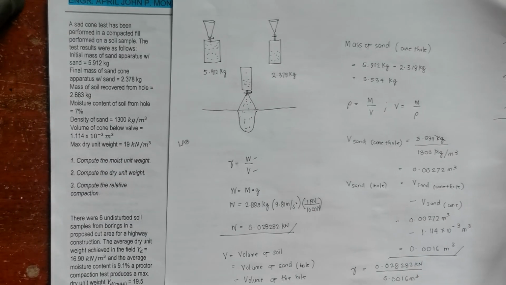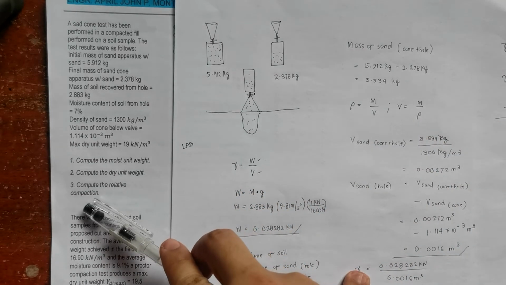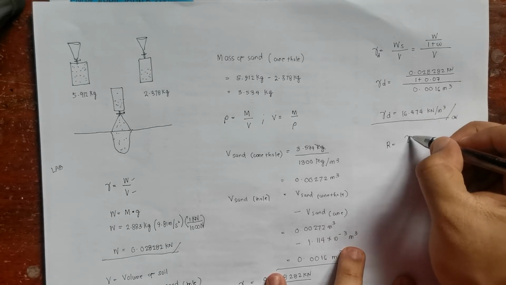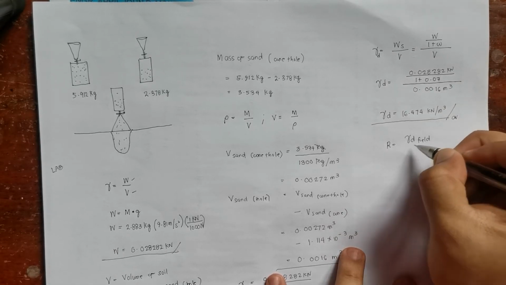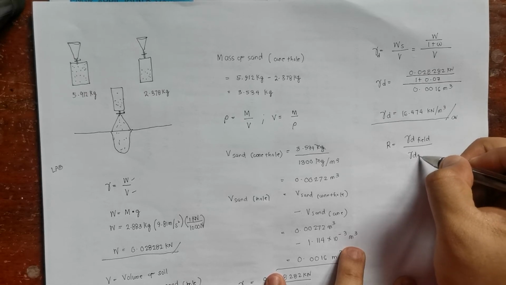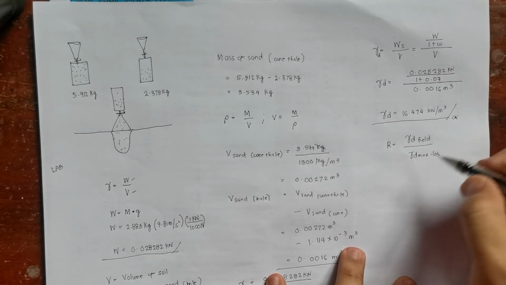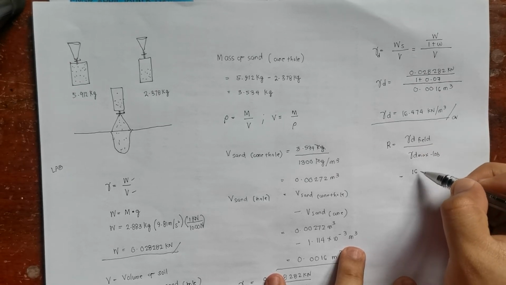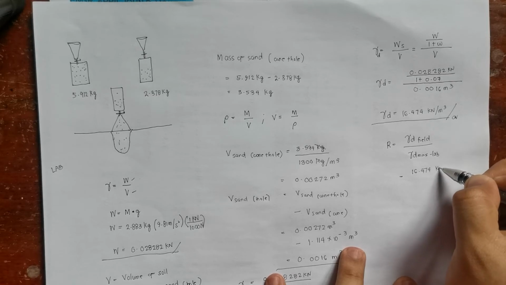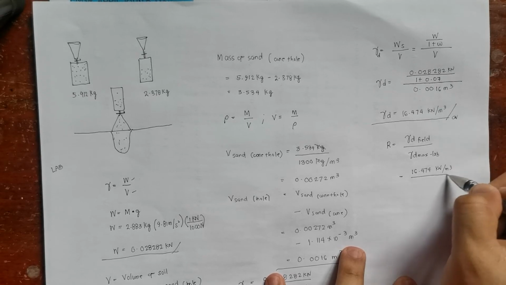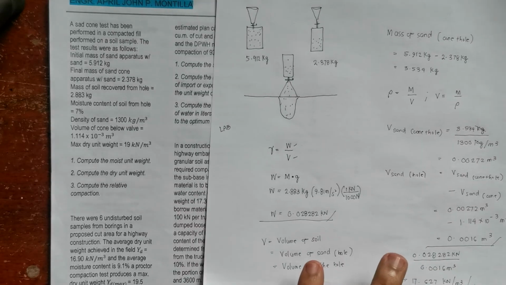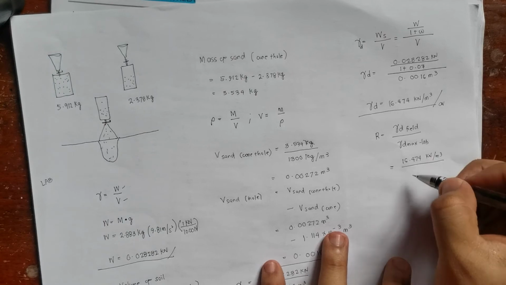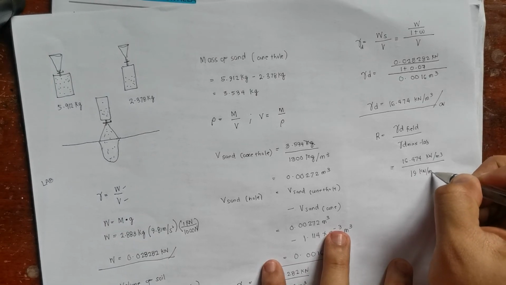And then the last requirement, compute for the relative compaction. Again, relative compaction is the ratio of gamma dry determined in the field with respect to gamma dry maximum determined in the laboratory. Substituting gamma dry in the field, already computed, 16.474 kilonewtons per cubic meter, over the maximum dry unit weight in the laboratory given in the problem, over 19 kilonewtons per cubic meter.